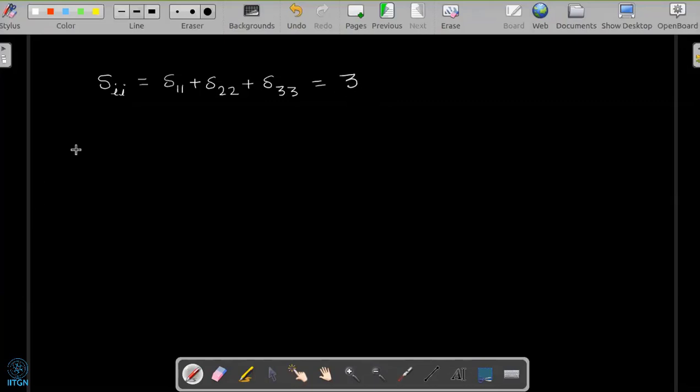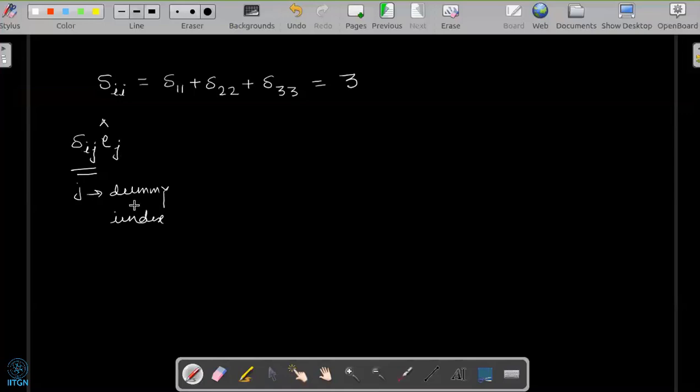Now you have delta ij ej. We have to expand this and see what result we get. In this expression, there is only one dummy index, and j is the dummy index.